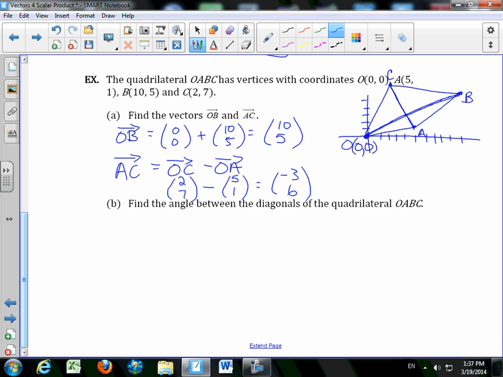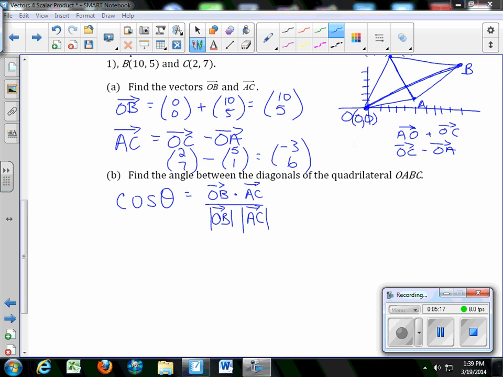And to do that, we use the formula cos theta equals OB dot AC over the length of OB times the length of AC. Okay, so to find the angle between the diagonals of the quadrilateral, we set up the equation.